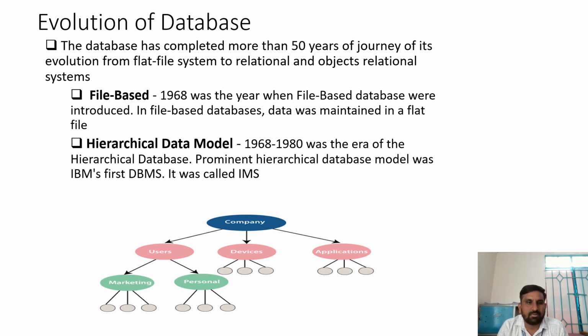The prominent hierarchical database model was IBM's first DBMS, called IMS. For example, if we have a company, companies have users, devices, and applications. Users use the marketing and personal details to store the data in a database management system.